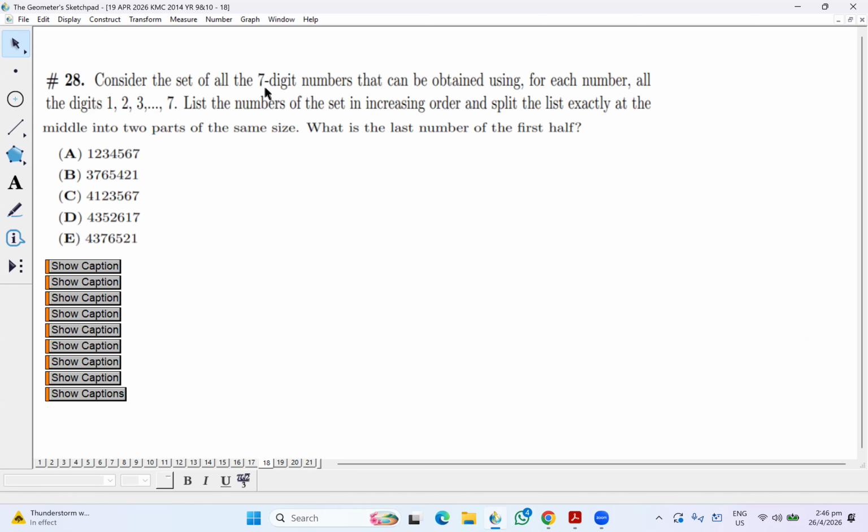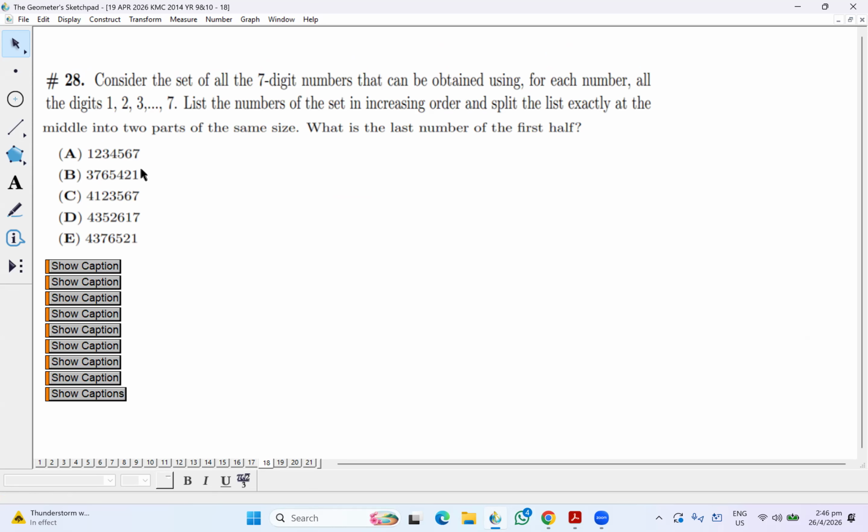Consider the set of all 7-digit numbers that can be obtained using each digit. Must use all the digits, cannot repeat. 7 digits, 7 different digits. List the set. We have a lot of numbers, so must list the set in increasing order.